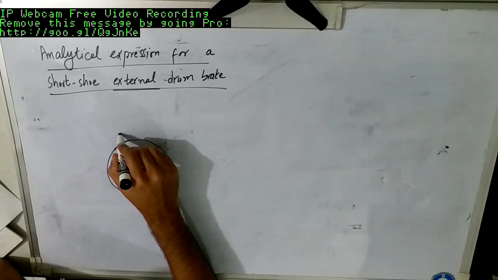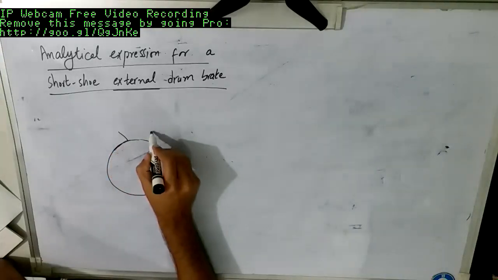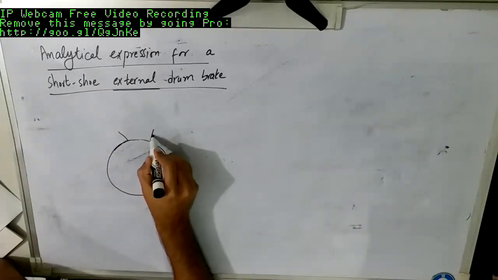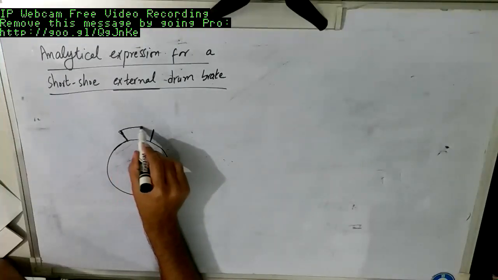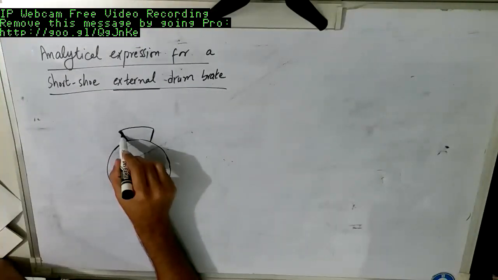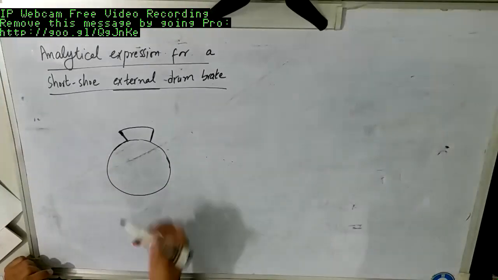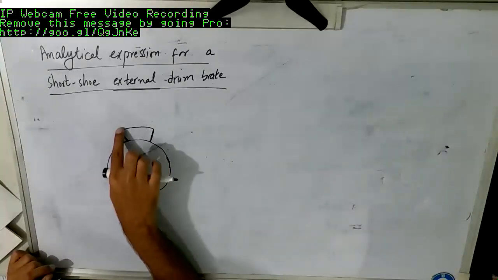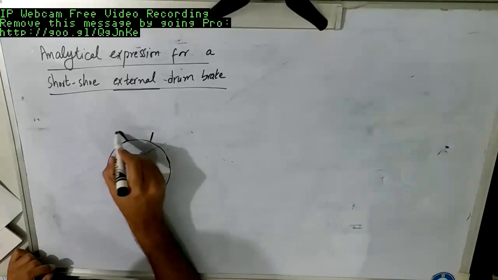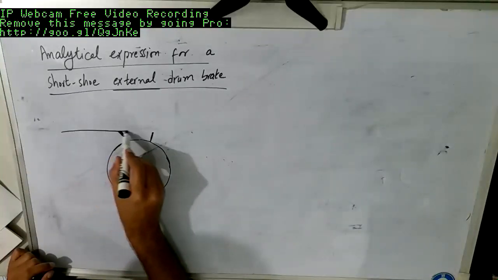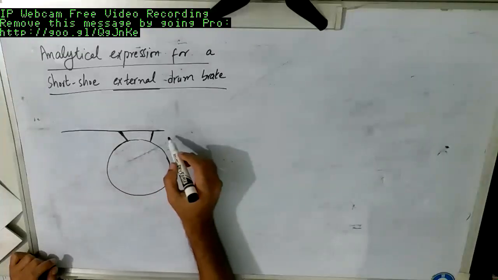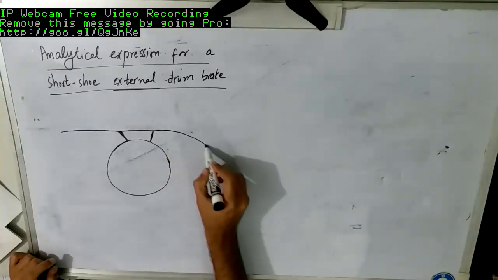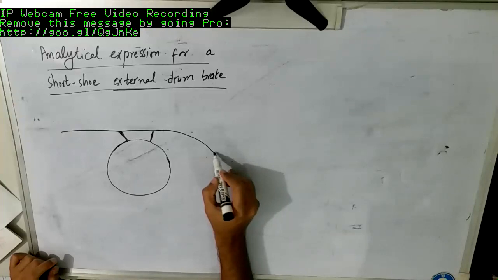And then we have this shoe which comes in contact with this drum, and this shoe is attached to a kind of a lever. So let me just make it better here, like this, and it is pivoted to some point here.